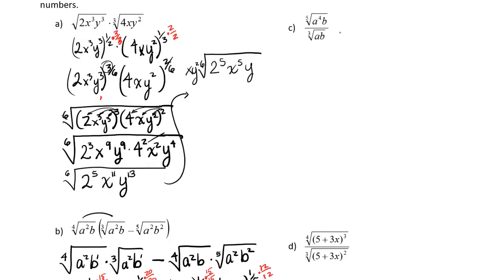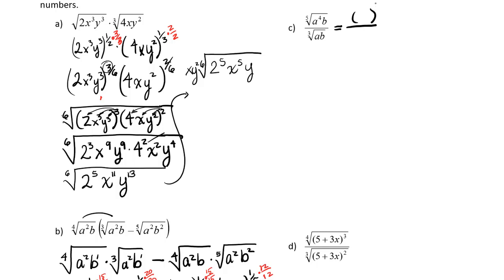Now let's look at division. We have the 5th root of a to the 4th b and the 3rd root of ab in the denominator. Let's see if we can get a common denominator. Let's see if we can reduce this fraction by building up each grouping.